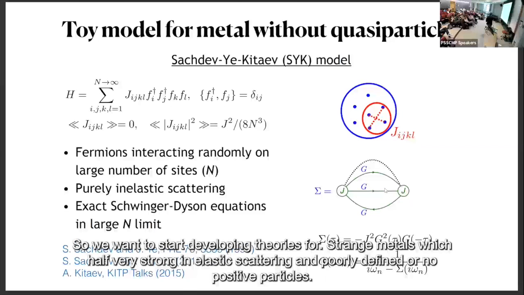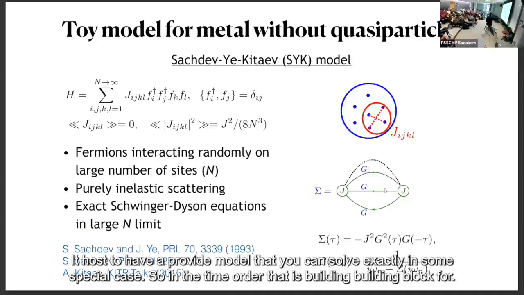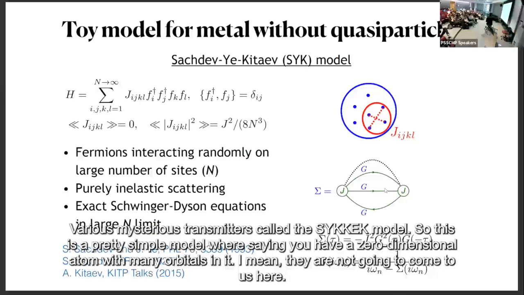So if we want to start developing theories for strange metals, which have very strong inelastic scattering and poorly defined or no quasiparticles, it helps to have a toy model that you can solve exactly in some special case. The toy model that is a building block for various theories of strange metals is called the Sachdev-Ye-Kitaev or SYK model.